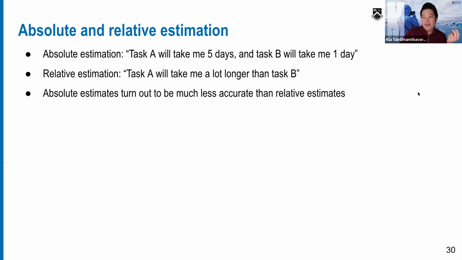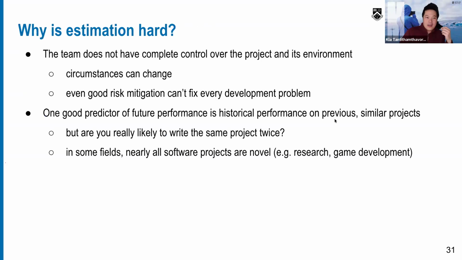However, relative estimation means that task A takes me a lot longer than task B. This is really relative. When we talk about relative, you can think about how many times more effort one task takes than another task. So there are two types: absolute and relative estimation.